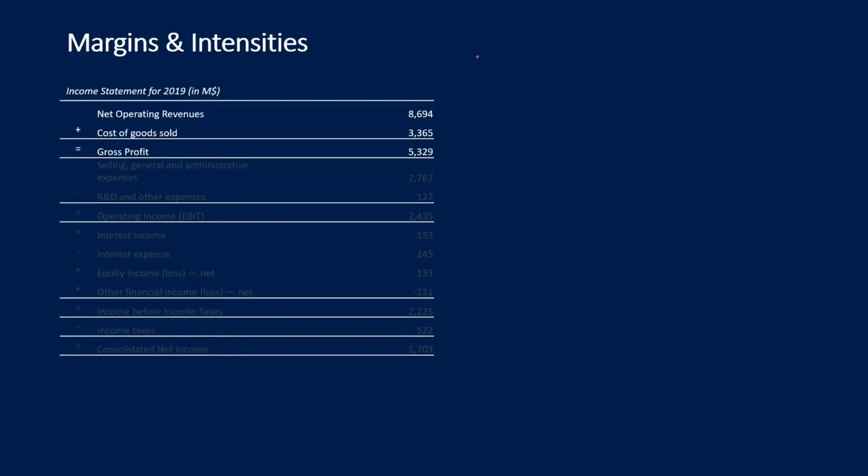An intensity is defined as the ratio between a cost item and sales.